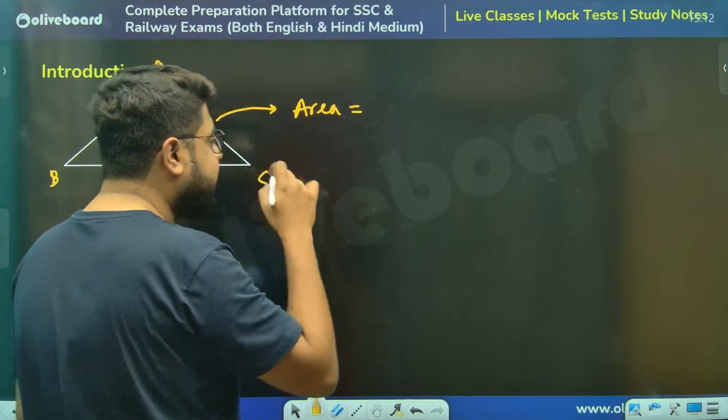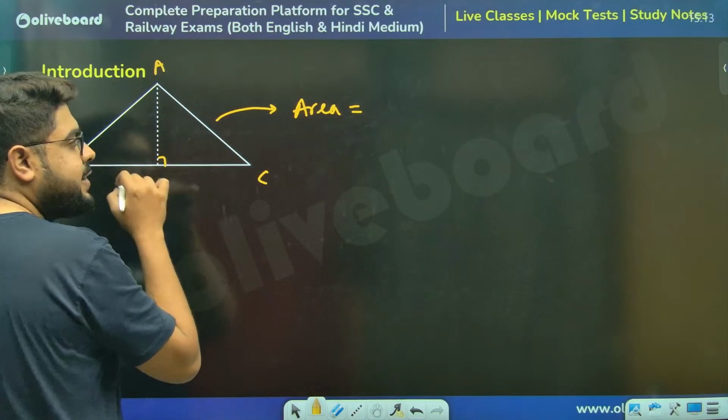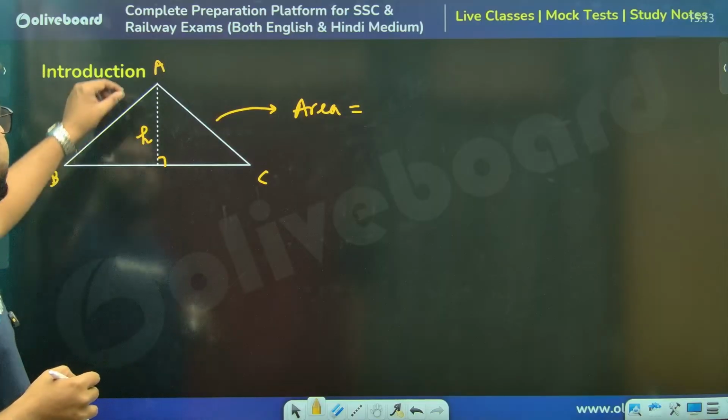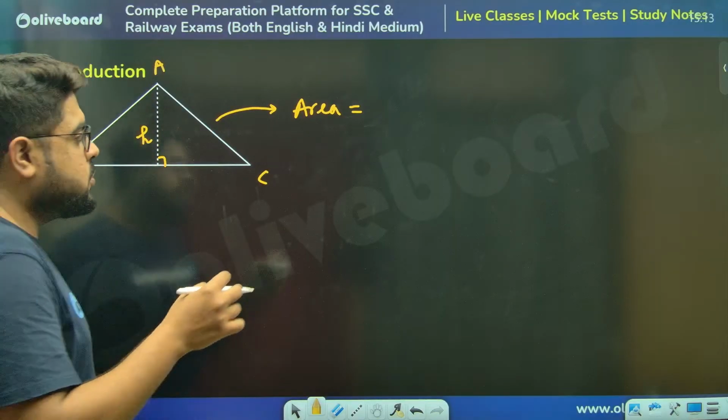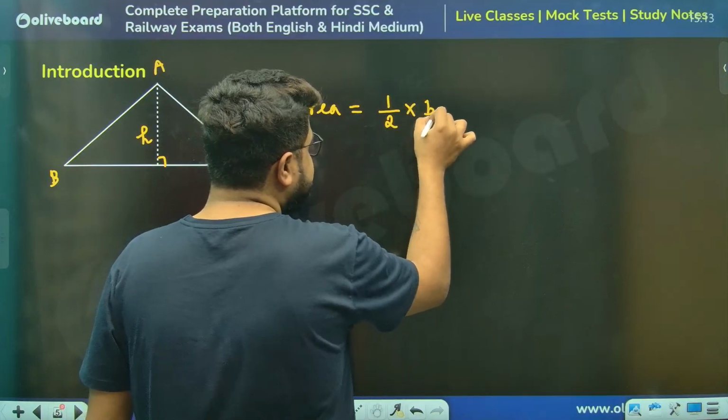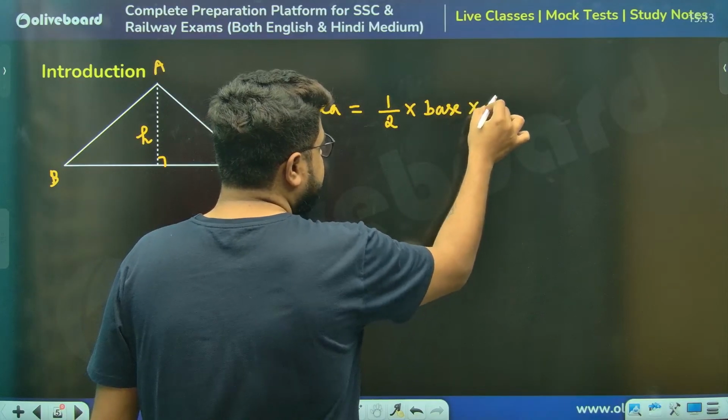The formula for area can always be written using the height. If it is a perpendicular from a vertex, this is the height. So area will always be half into base into height.